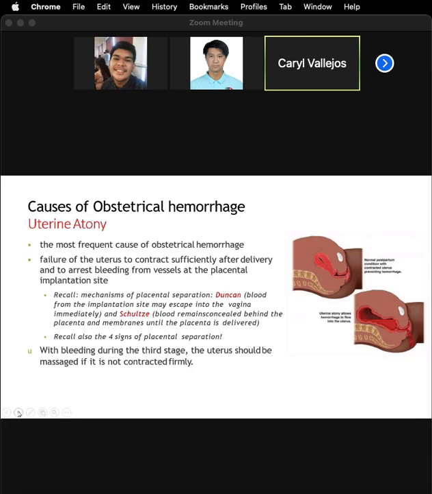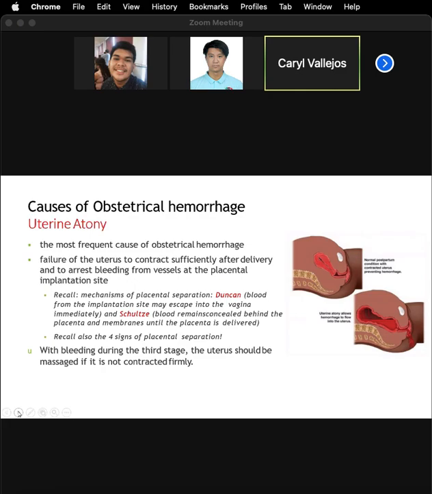To test your memory, the mechanism of placental separation can be either the Duncan or the Schultze mechanism. For the Duncan, the blood from the implantation site may escape into the vagina immediately, while for the Schultze, the blood remains concealed behind the placenta and the membranes until the placenta is delivered.